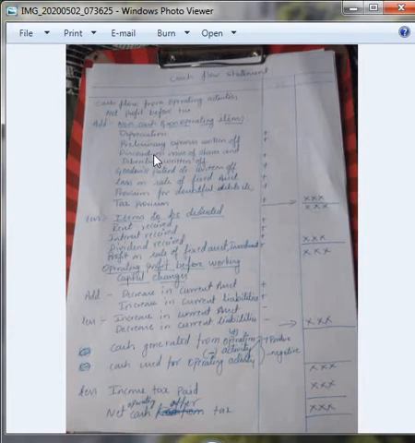Next, discount on issue of shares and debenture, non-operating. Goodwill and patent written off, non-operating. Underwriting commission, non-operating. Loss on sale of fixed asset. There is a loss, but there is no cash affected here, so non-operating.